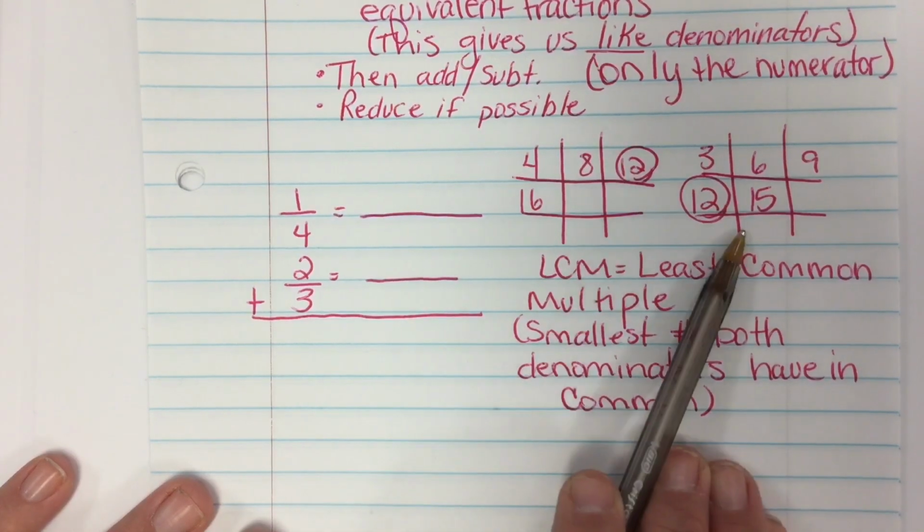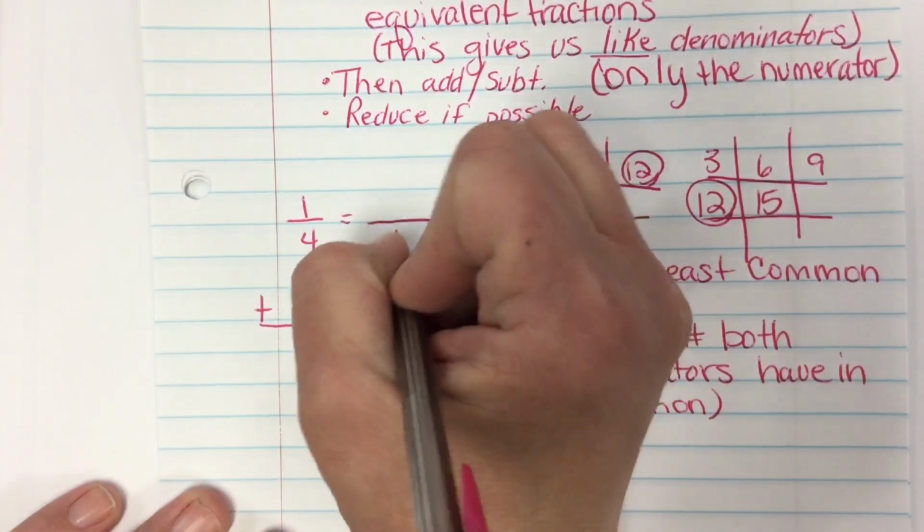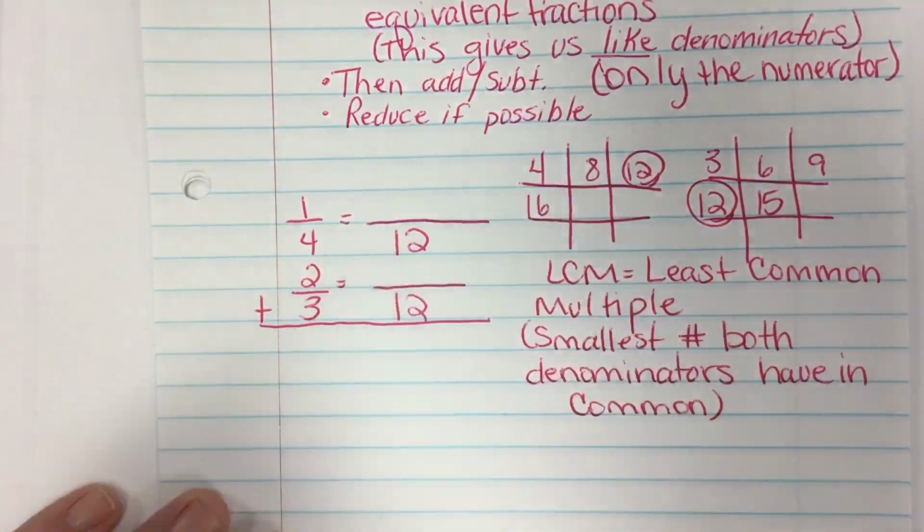So in this case, the LCM is 12. So I'm going to make the denominator 12 on both of those.